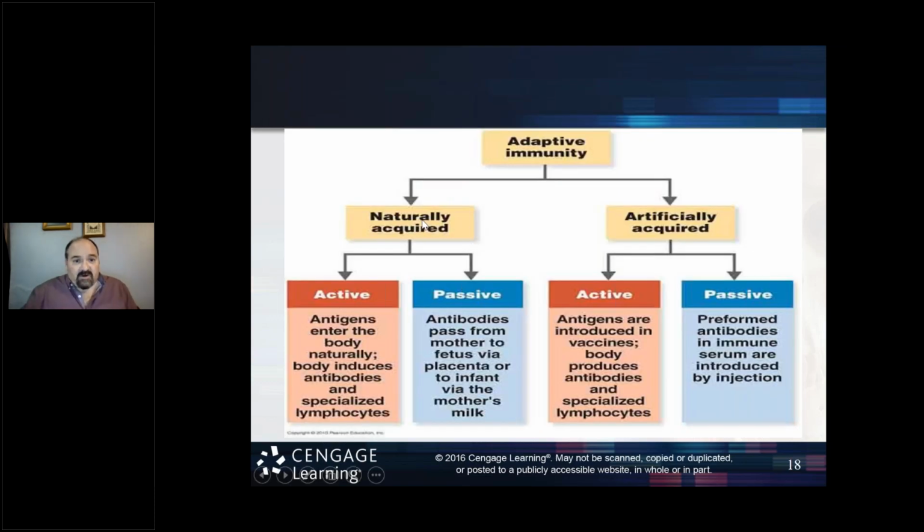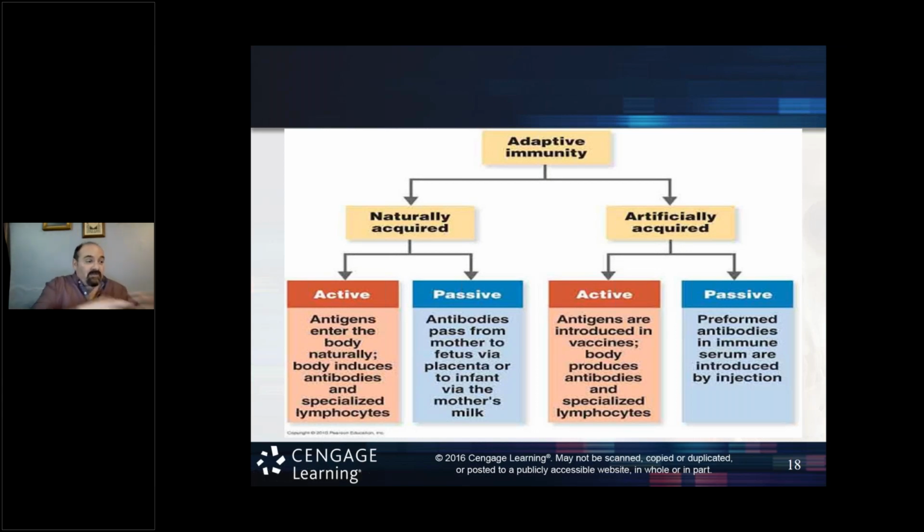Or you can see here naturally acquired, artificially acquired. Naturally acquired active, you were exposed to the virus or the bacterium. Passive, you're receiving from mom, from the placenta or from the breast milk. Artificially acquired active, it's a vaccine you've been given. Or passive, these antibodies have already been preformed.